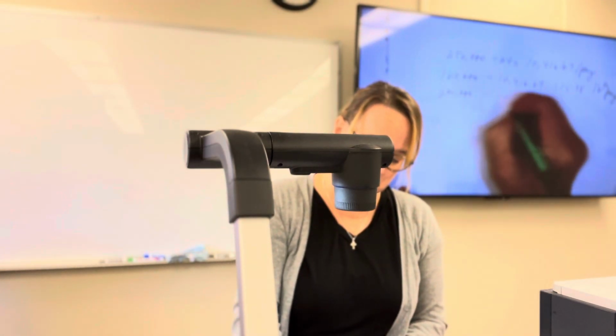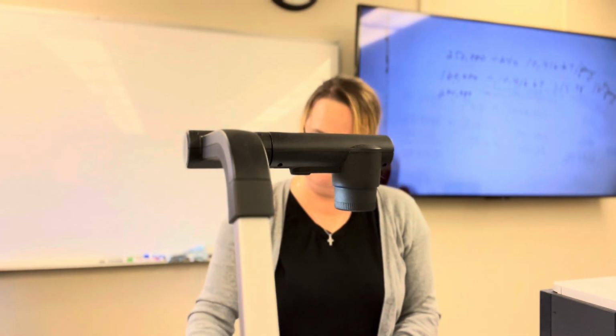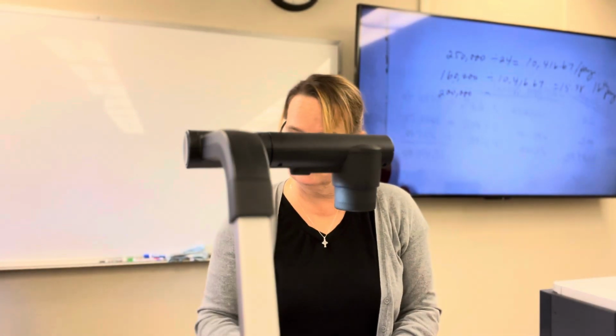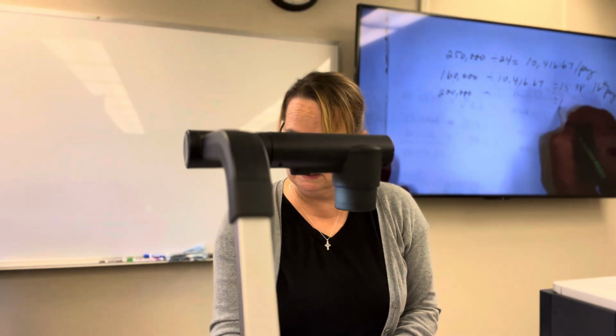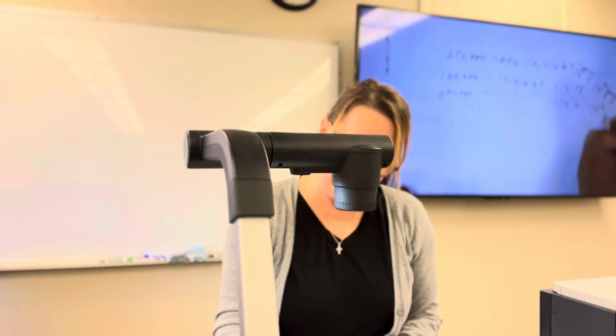And then the 200,000 divided by the same number is 19.2. So on the 19th pay, now we have to think about this.